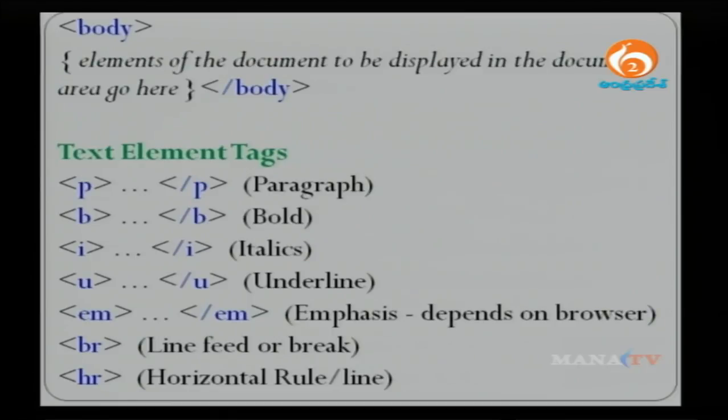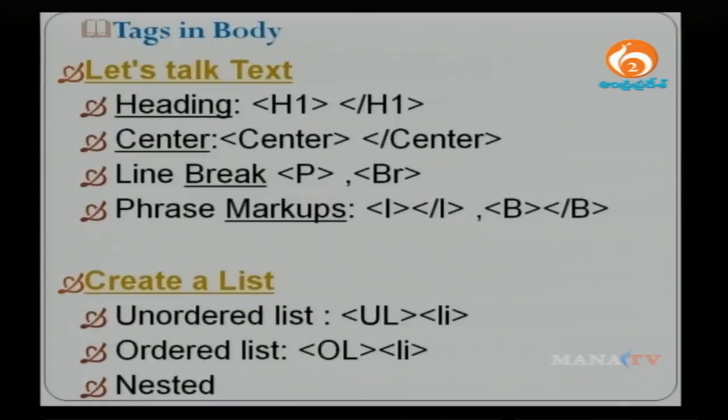So below you can see one side tags. One side tags means there is no end tag here. So under the body part we can make some decoration on text based on some tags. Suppose you want to show some script in a bigger way, use the header one. Suppose you want to show the alignment in the center, then you can use the center.